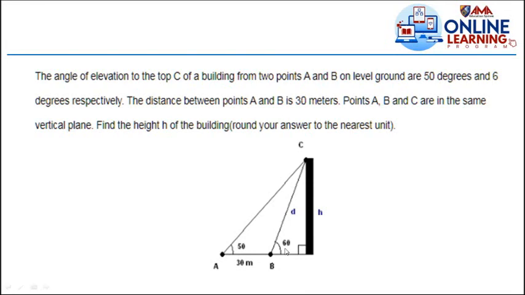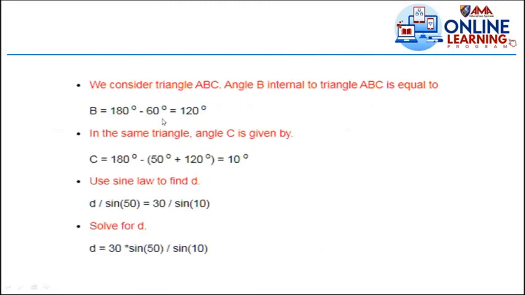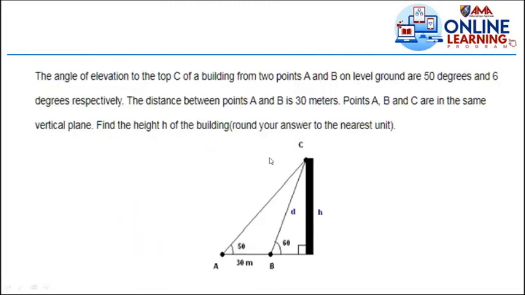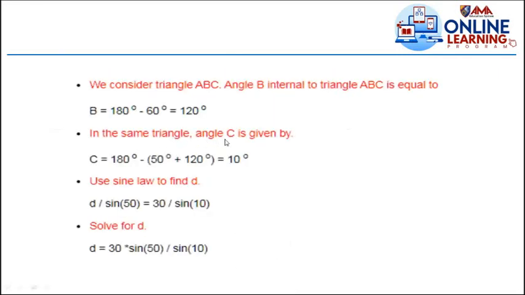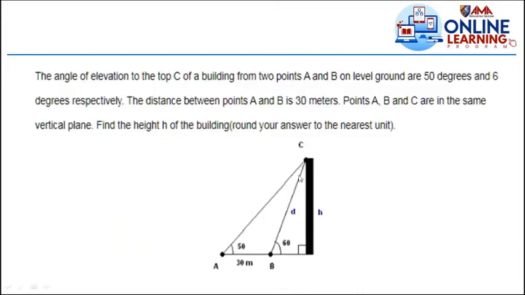That's your angle B. Next, in the same triangle, angle C is given by 180 minus the sum of 50 and 120, which is equal to 10 degrees.